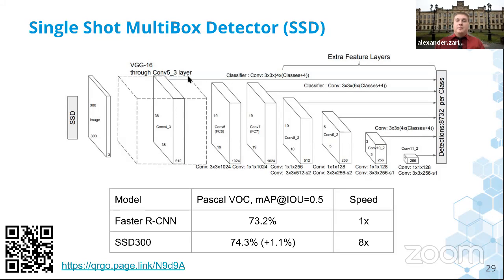Hence, if you have a small batch size, you need either to freeze these statistics to prevent overfitting of your model, or you need to increase the batch size by switching from two-stage detectors to one-stage detectors, or by decreasing the input resolution of your training network.